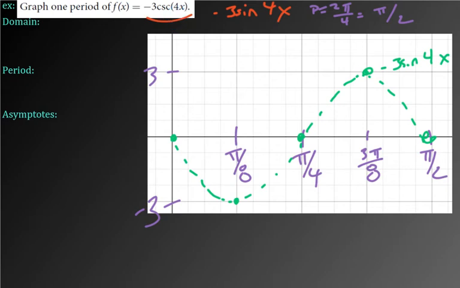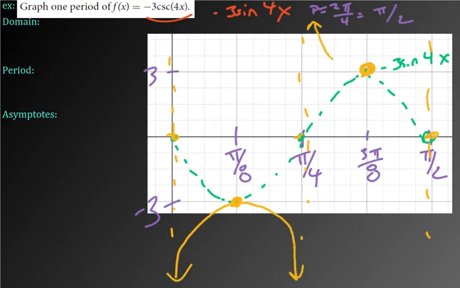So all you got to do, the max and min points are shared, okay? The 0 points would be on the midline, so this, this, and this. Those are going to be undefined because that's where it would be 0. And then using the dotted lines as barriers, you just make either upside down parabolas like that or right side up parabolas like that.